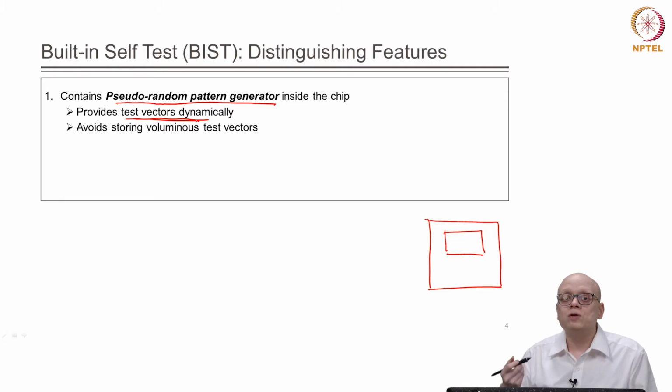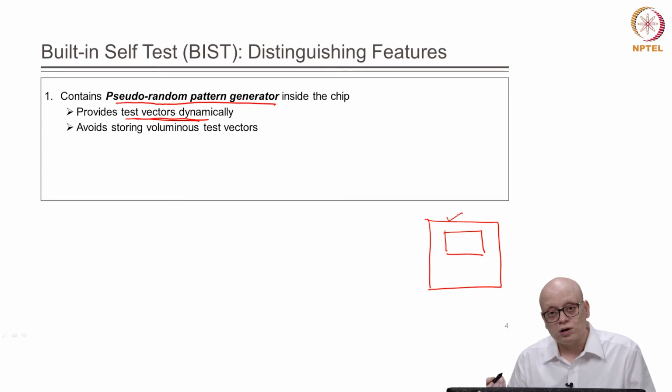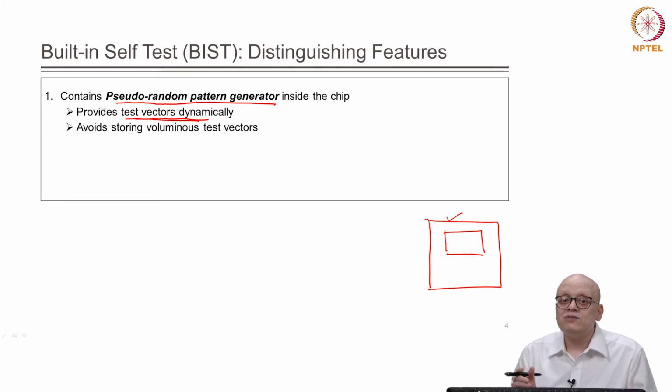For example, suppose we want to apply 1 million test vectors, right. Now, if we want to apply 1 million test vectors, one method could have been we save all those test vectors in our chip, in some ROM or so on. But then that ROM itself will be too big, and therefore the testing infrastructure will take so much area that it will not be efficient, right.